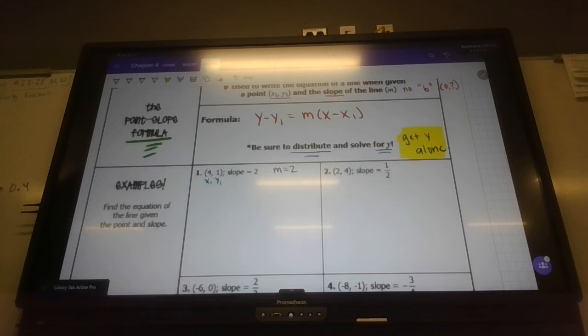So I'm going to rewrite it: y minus y1 equals m times x minus x1. So y minus 1 equals 2 times x minus 4.